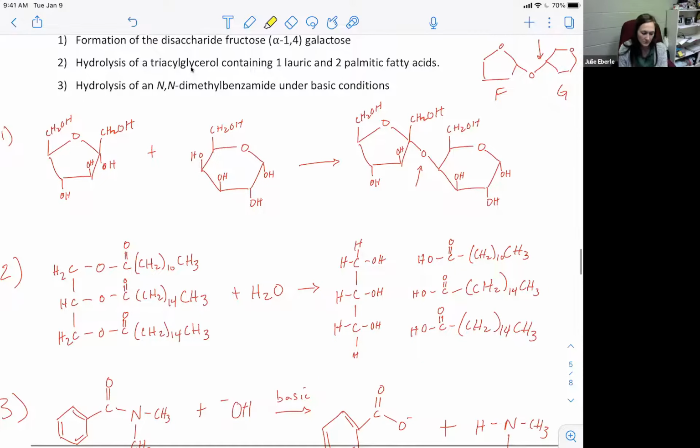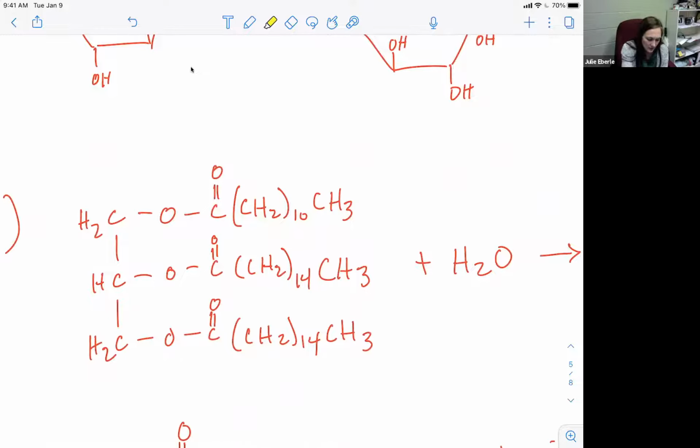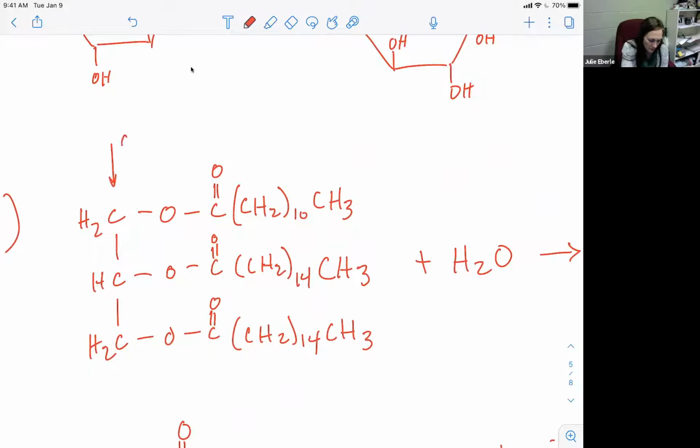Number 2, we had some people do number 2, hydrolysis of a triacylglycerol containing 1 lauric and 2 palmitic fatty acids. You just go grab those again from your resources page. You should have been able to draw the fatty acid portions correctly. What you should have seen here is the glycerol part, which looks like an isopropyl group, with 3 carbons.